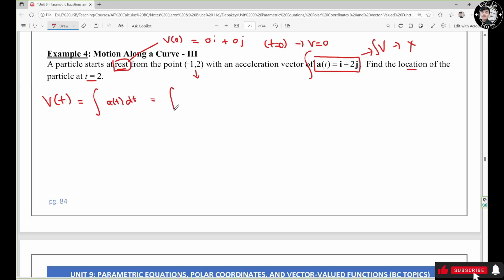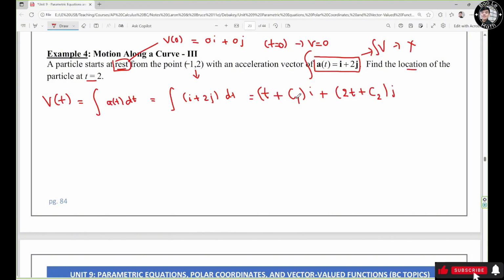So it's going to be the anti-derivative of i plus 2j dt. And the anti-derivative of i here, coefficient is 1, so it could be t. Don't forget to add the constant c1, i. The anti-derivative of 2 is going to be 2t, so plus 2t. Don't forget to add the constant c2, j.